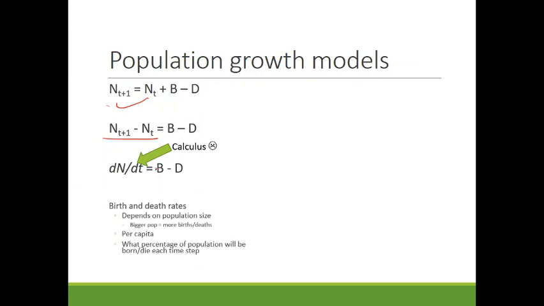Now, the total number of births in a population and the number of deaths really depend on the population size, right? So the bigger the population, the more births, the more deaths we'll have. So one way we can kind of equilibrate for this is by doing a per capita birth and death rate. And what this is looking at is basically what percentage of the population will be born and will die each year.